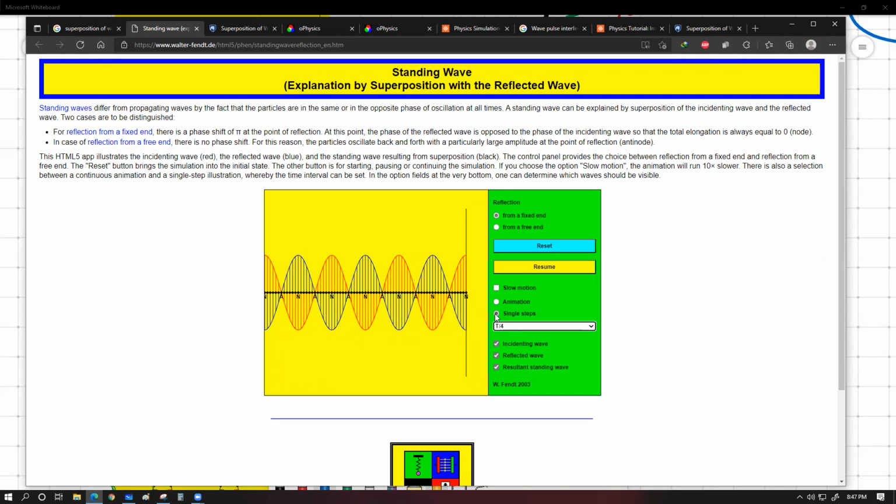So if I'm using single step, or actually let me show you by animation and going for slow motion. T/4 is not useful right now. So at this moment our resultant wave is at this place, okay? If we now let the two media move, have a look, the red is moving to the right, the blue is moving to the left, and I'm going to try and pause it exactly after T/4.